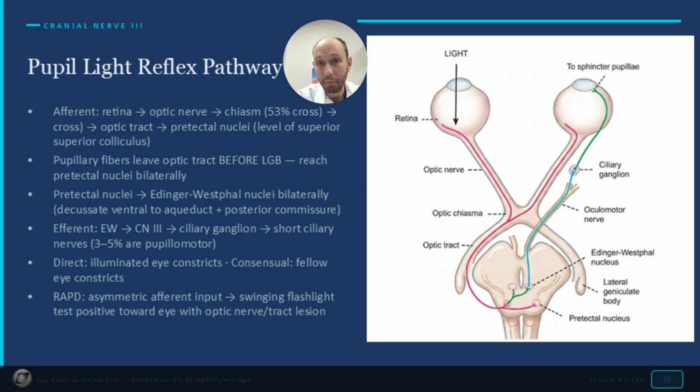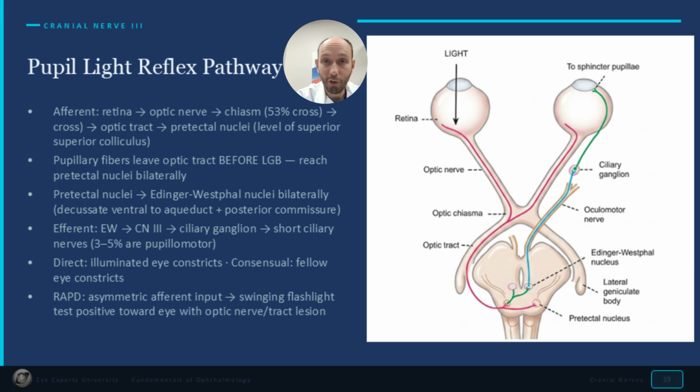The afferent pupillary defect refers to the fact that if there's damage in the afferent fibers, which are red on the diagram, the response to the light will be weaker than in the other eye. Therefore, you will be able to tell that based on the pupillary response.